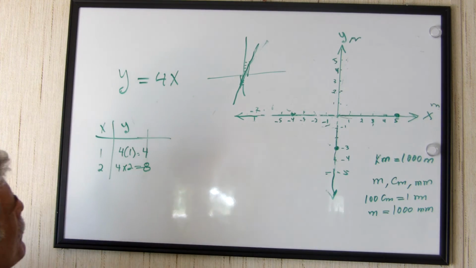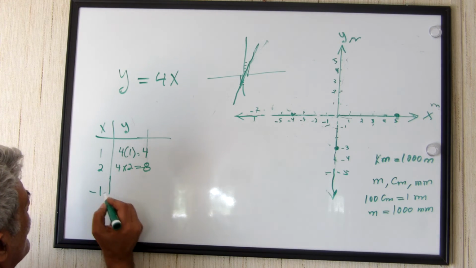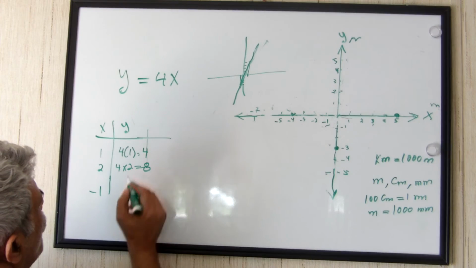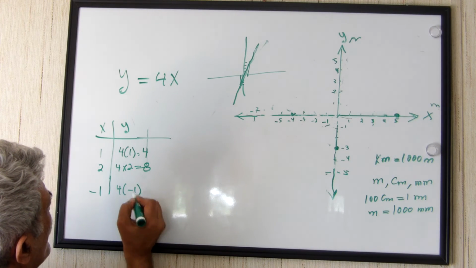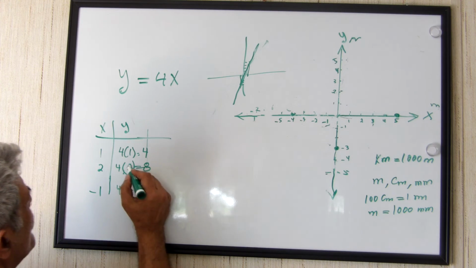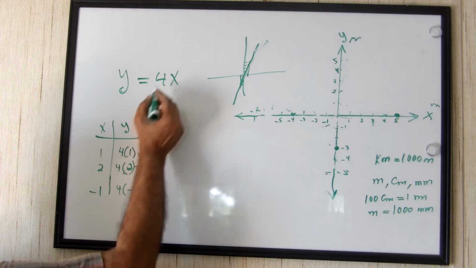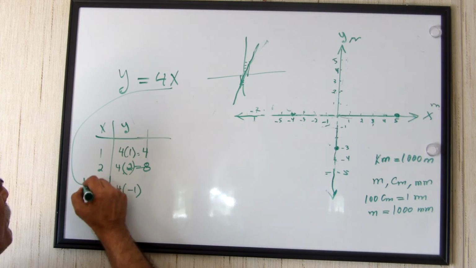Sometimes you want to give a negative value, like minus 1. What is it going to be? 4 times minus 1. Let's put this in parentheses, which means multiplication. Instead of x, we put minus 1.